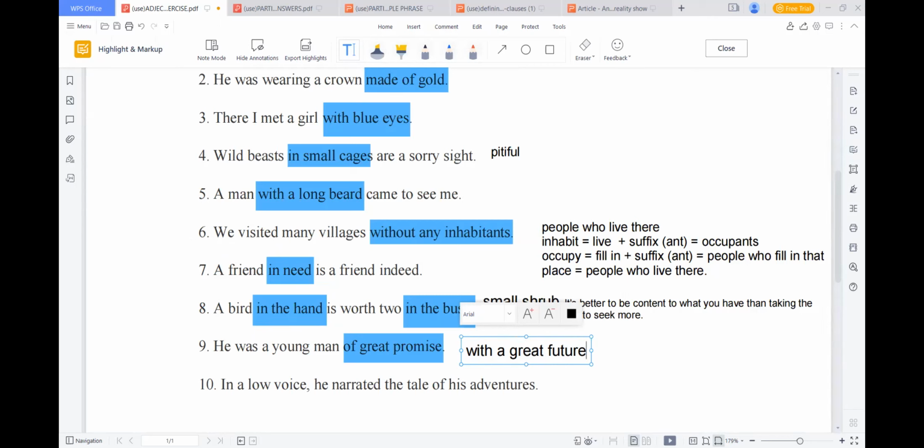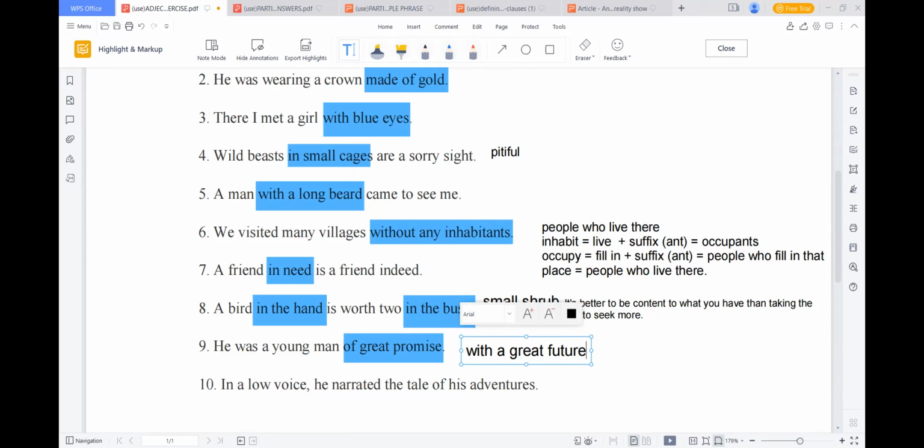Let me see whether it has a sentence example in another place. I don't think they have any other examples here. Just a moment, I'm searching for it. It doesn't have it, but anyway, just let you know what it means.